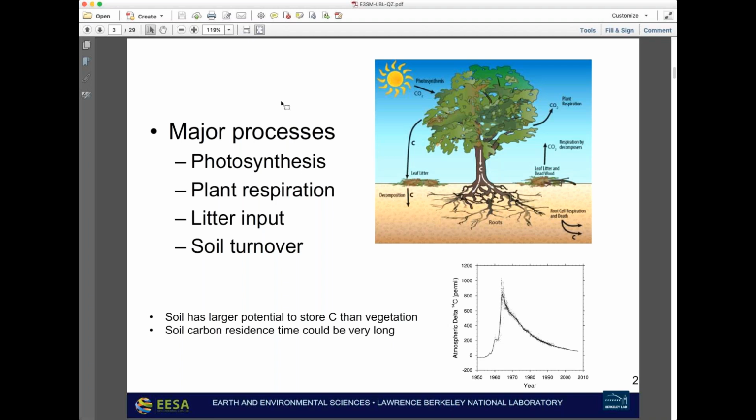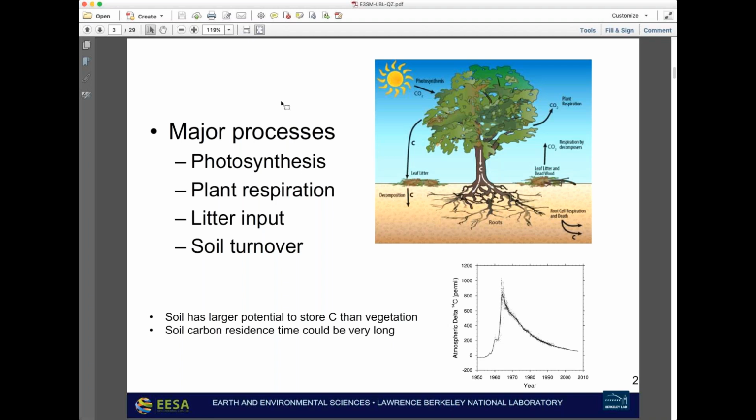At present day, the size of the carbon stock in the soil is roughly 3 to 4 times higher than the vegetation carbon pools. We know it's larger, and we know the residence time is very long. It's potentially going to be much longer than the plant. So if the carbon can stay in the soil, it's going to be very helpful for climate mitigation and CO2 removal.